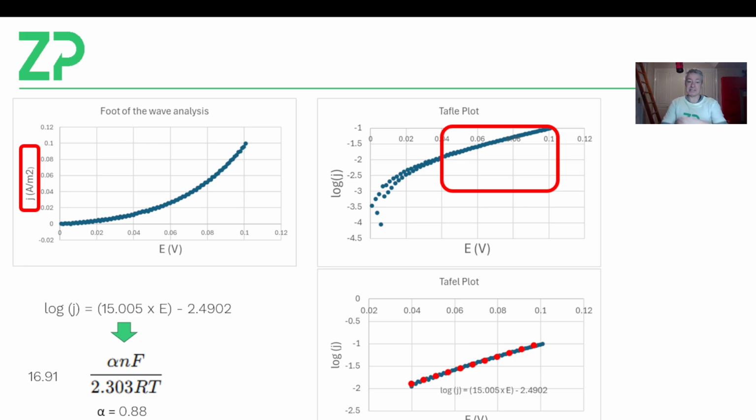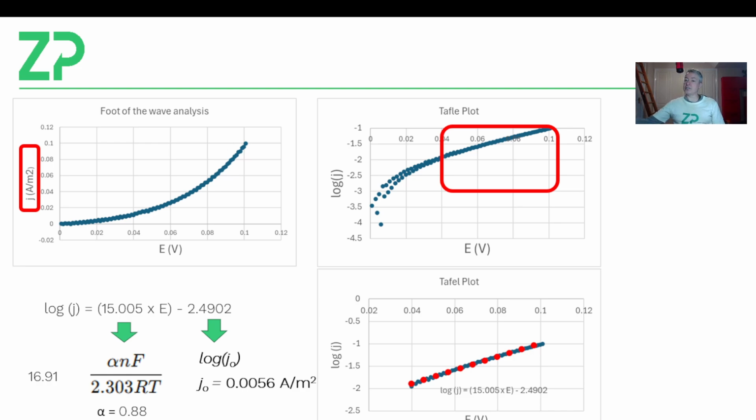And then my intercept, which I haven't touched upon here, is equal to the log of exchange current density. In this particular case, it's 10 to the power of minus 2.4902, which is 0.0056 amps per meter squared. So that's my performing of a foot of wave analysis.